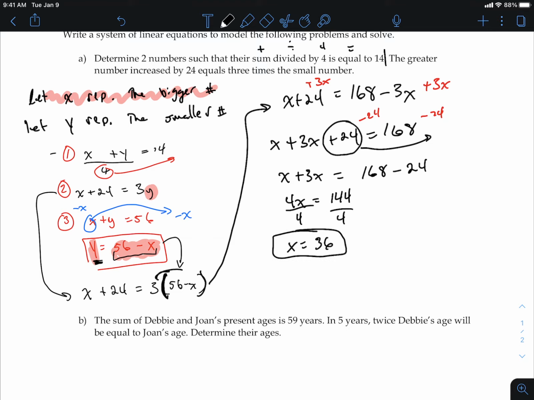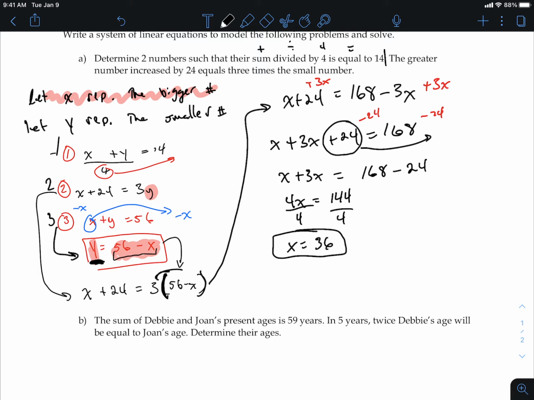Then what? Now, this is no different than the elimination process now, right? I have one of my pieces. I'm going to go back to the equations, and I'm going to plug it in to find the other one. And by one of the equations, I mean either 1, 2, or 3. You can pick the easiest one you want. The nice thing about the third one is I've already isolated for y, which is what I'm looking for. That's what's nice about the substitution process.